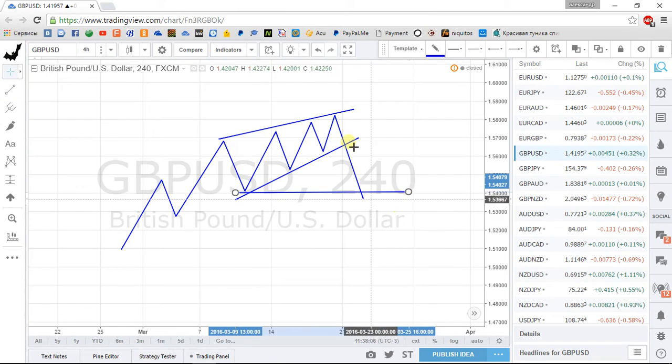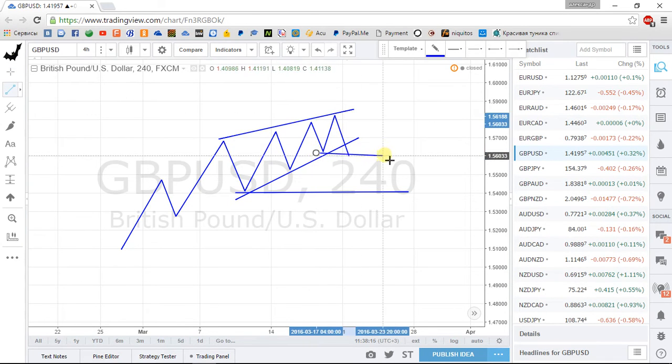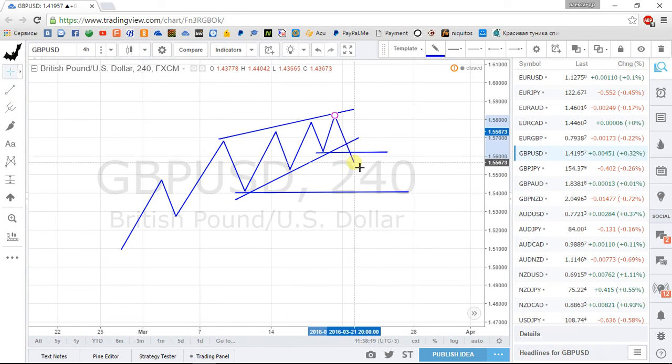For me, that would be a confirmation sign. Other traders trade these levels, breaking the trend line plus this highest level. For me it's not enough. For me enough is the breaking of the whole structure, meaning breaking the lowest point of this formation. This is called the wedge formation.